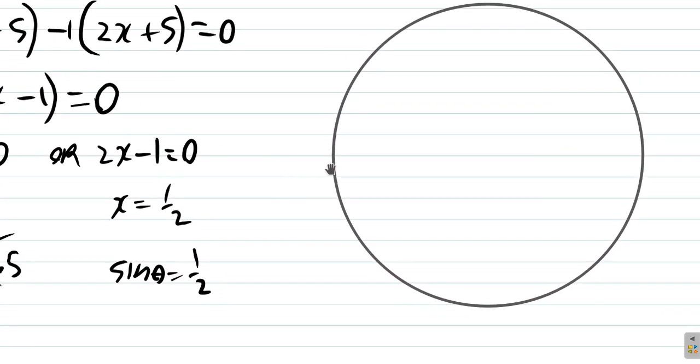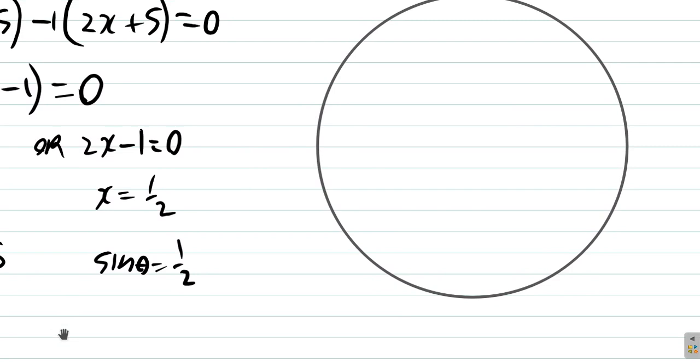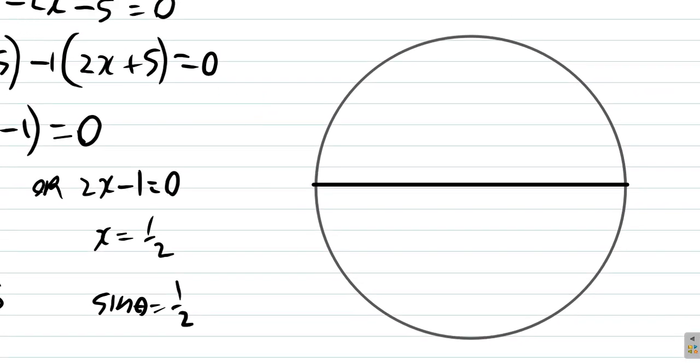Which angle is such that when you find the sine of it, you get half? Let's see something here, the unit circle. Want to see how the unit circle goes. We have a triangle here.